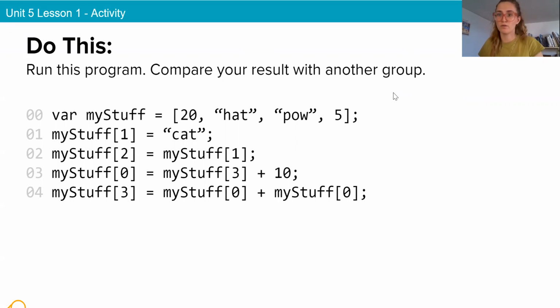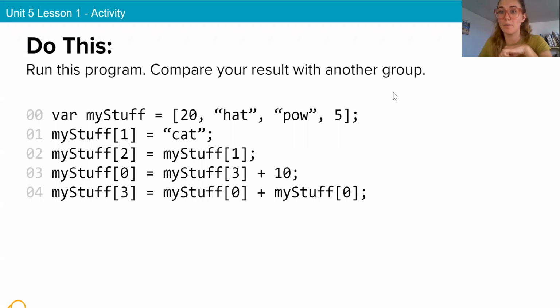Right, so let's talk through each line of the code. In the 0th line, it says var myStuff equals [20, "hat", "pow", 5]. So I'm creating a new variable called myStuff, and then I'm assigning a value to that variable. I'm not just assigning one value, I'm assigning a list of values to that variable.